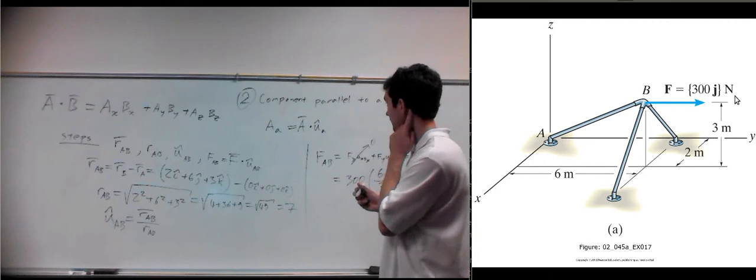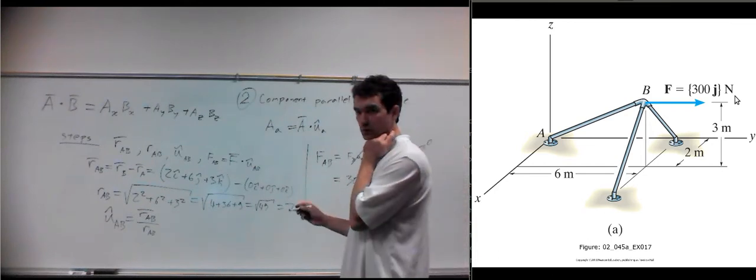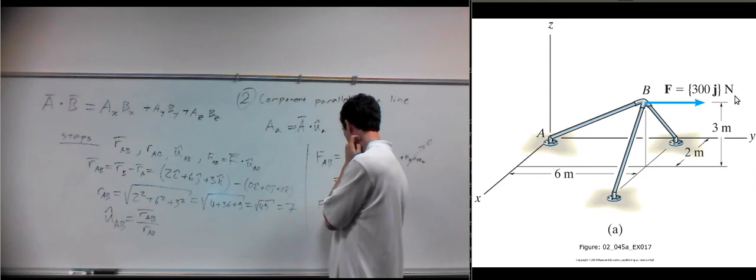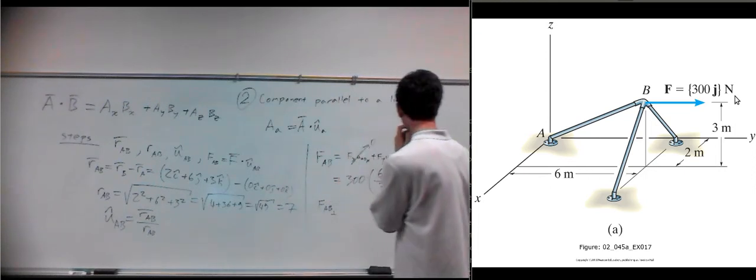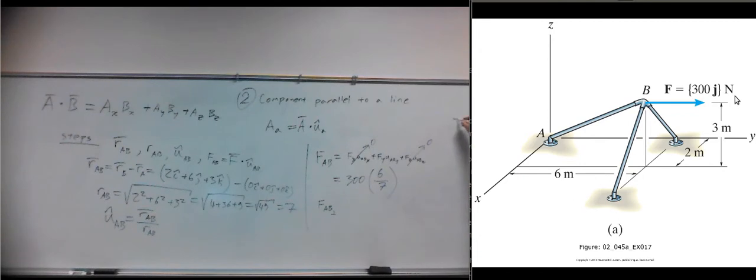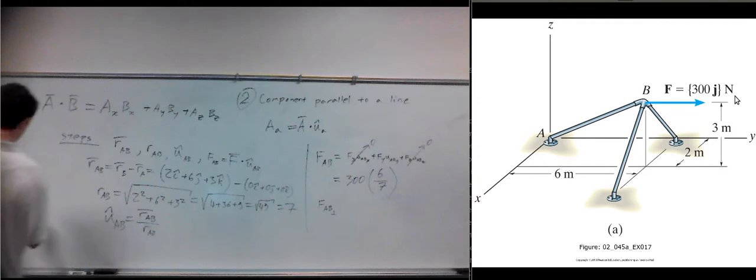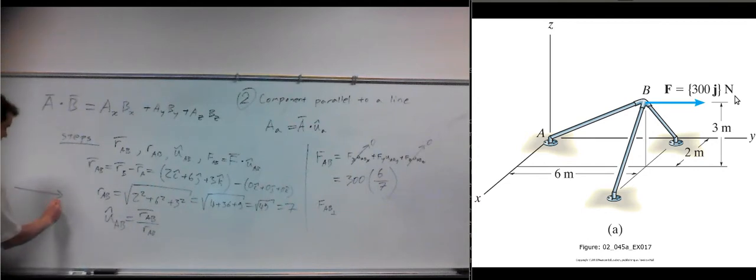And we also want to find a component perpendicular. So we'll call this FAB perpendicular. So drawing this figure, here's F, and here's FAB that we just calculated. So that's the component of F that's parallel to the line from A to B. And then what we're going to find now is the component of F that's perpendicular.